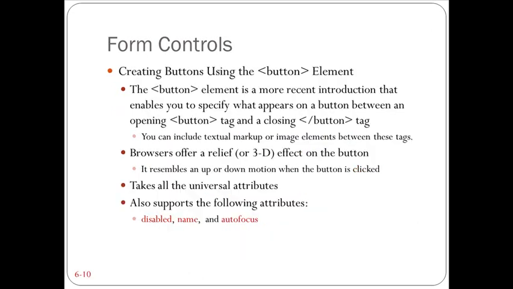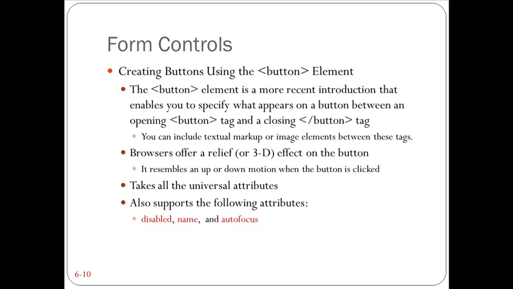You could also create buttons using the button element. It's a more recent introduction and it enables you to specify what appears on a button between the opening and closing tag. So instead of the value being what the button says on it, it's what's between the opening and closing tag. You can include textual markup or image elements between these tags.